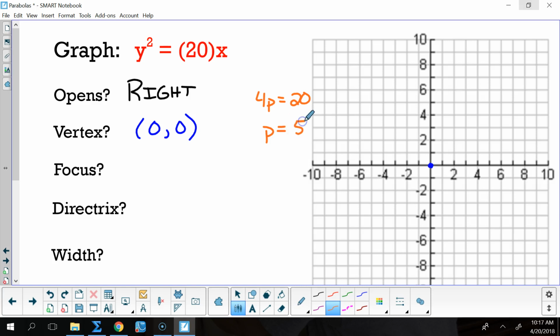So that tells me that my focus is 5 units to the right, because it opens right. My focus is 5 units to the right of my vertex. So I would add 5 to the x, and I'd get the focus at (5, 0).